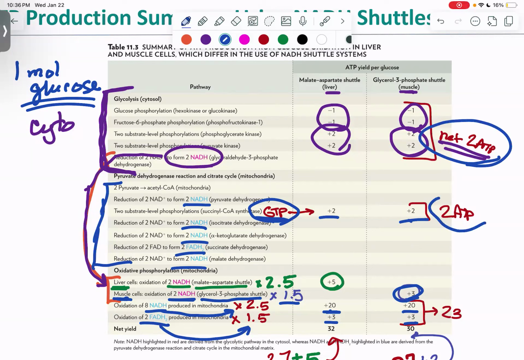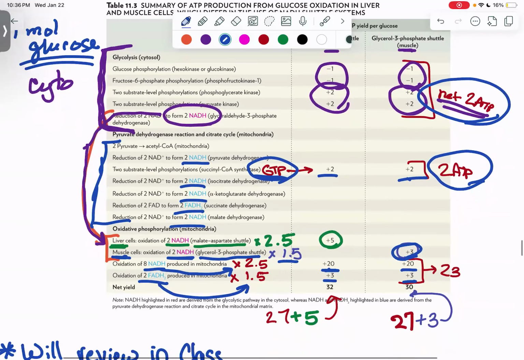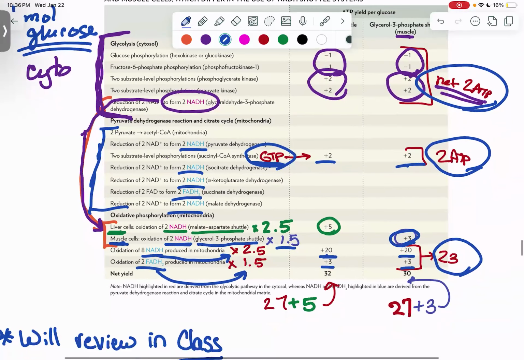From citrate, we got GTP, straight to 2 ATP. Then from pyruvate dehydrogenase and citrate cycle, we're going to get 23, which is the 20 plus 3. So if I add all of those up, 23 plus 2 plus 2, doesn't matter if I'm in muscle or in liver cells, I'm still going to make 27 ATP.